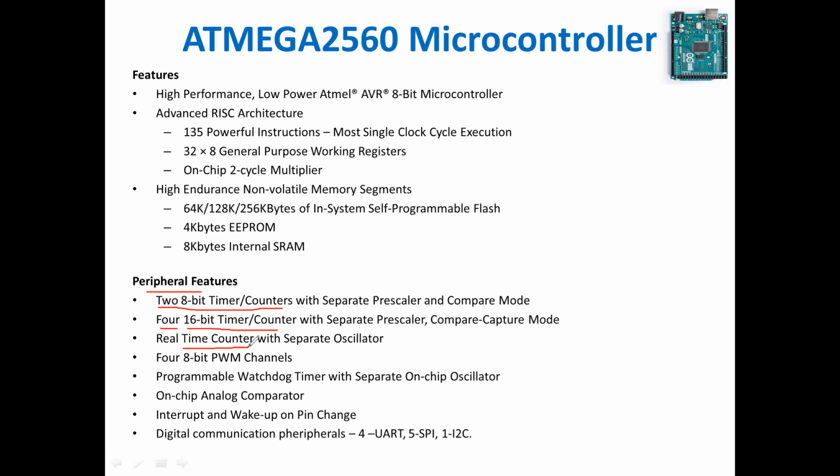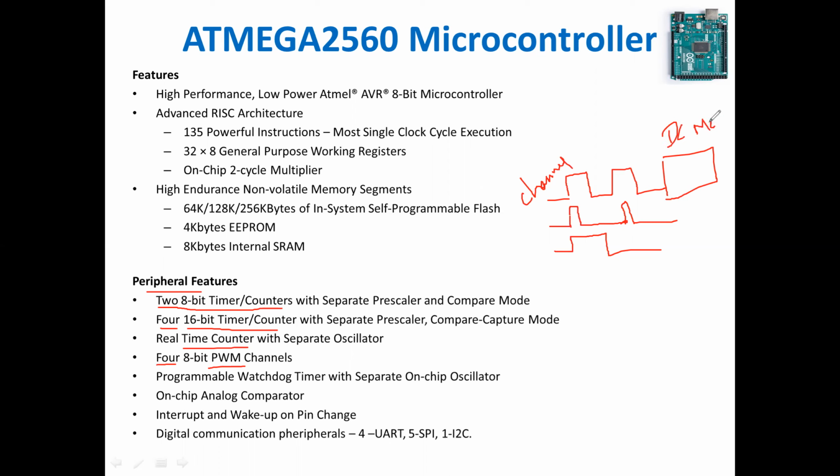And then we have counters. Additional real-time counters are there, and you can use them. And we have four 8-bit PWM channels. Using these PWM channels, you can generate PWM with different duty cycles. For each channel you can select a different duty cycle so that you can control external loads, for example, a DC motor.